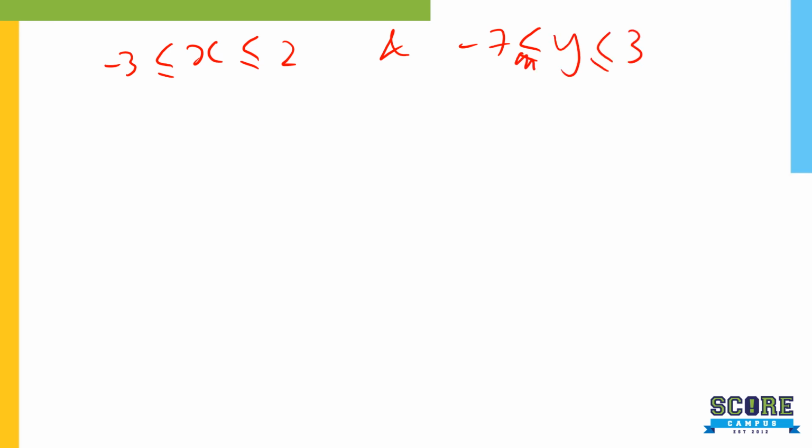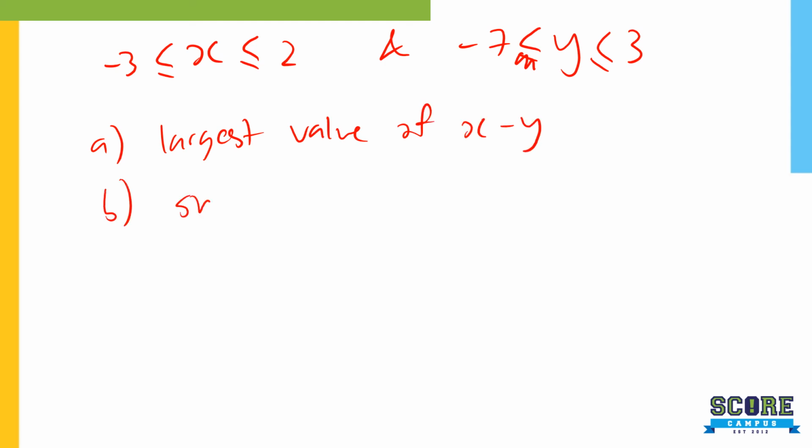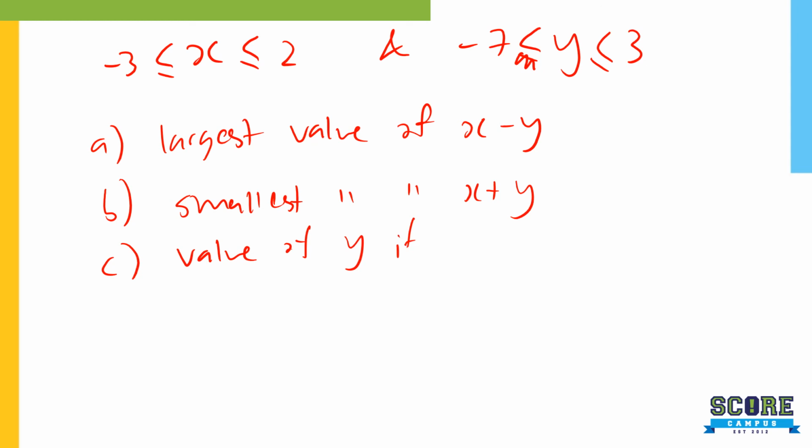They will ask you, for example, the largest value of x minus y, the smallest value of x plus y, the value of y if y squared equals 36. So they ask you questions like this.